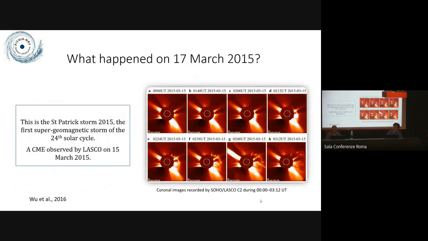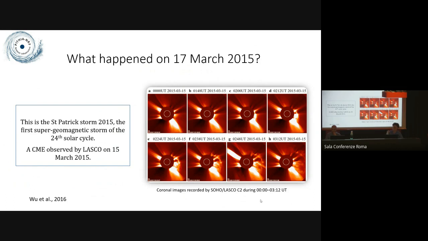Now, let's see a more recent event, which is the St. Patrick storm of 2015. This is the first super geomagnetic storm of the 24th solar cycle. This storm started with a CME observed by LASCO on the 15th of March.